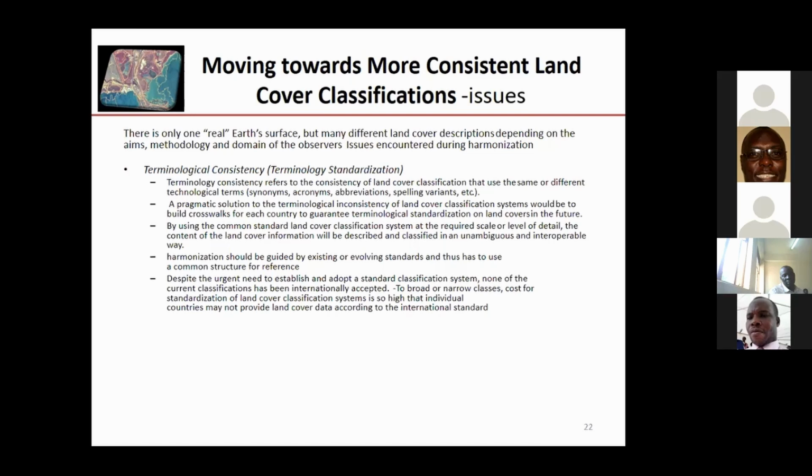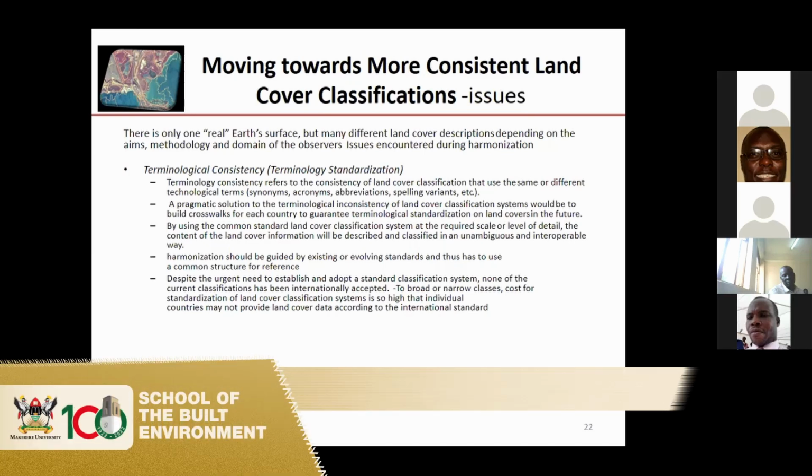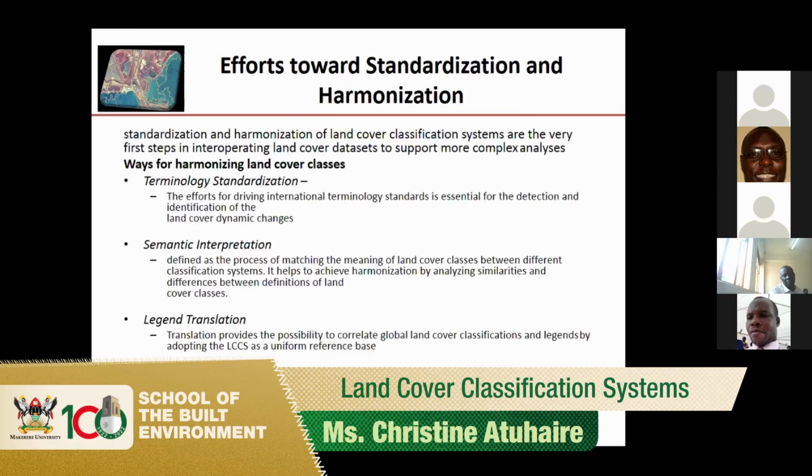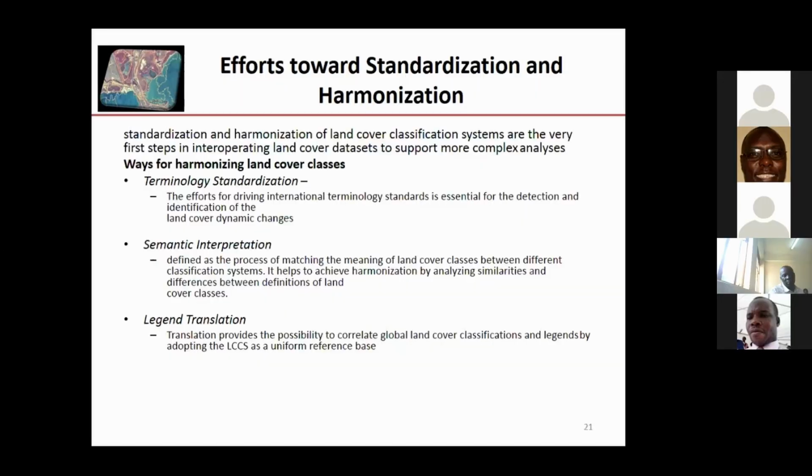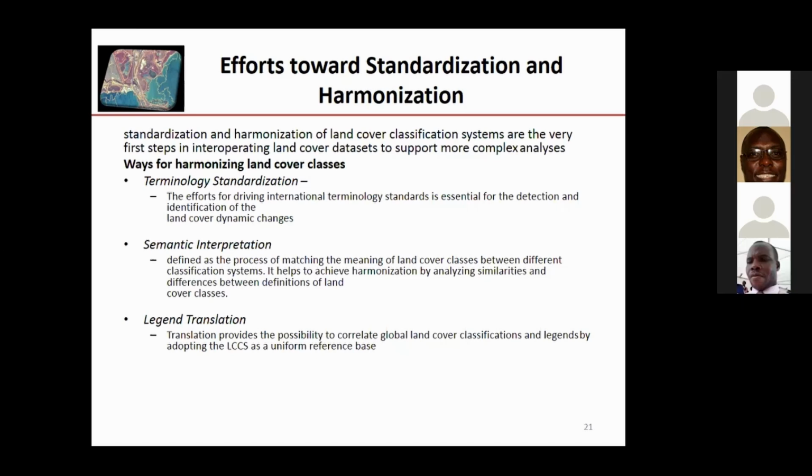Also, the cost of getting the data into a particular land cover classification system is always so high. So you will likely get this data when it's not in the land cover classification system that you wish to have it in. In that aspect, we are lagging behind in harmonizing land cover classification systems.